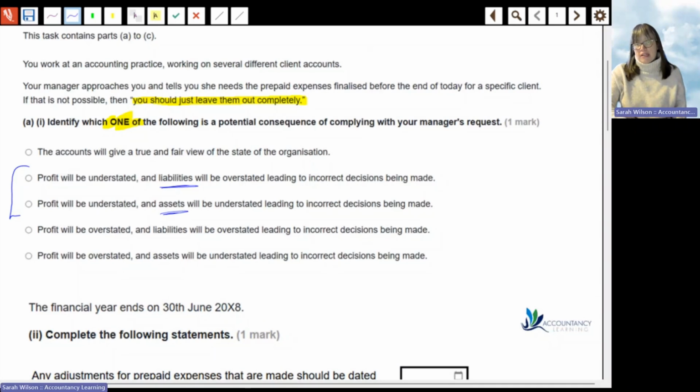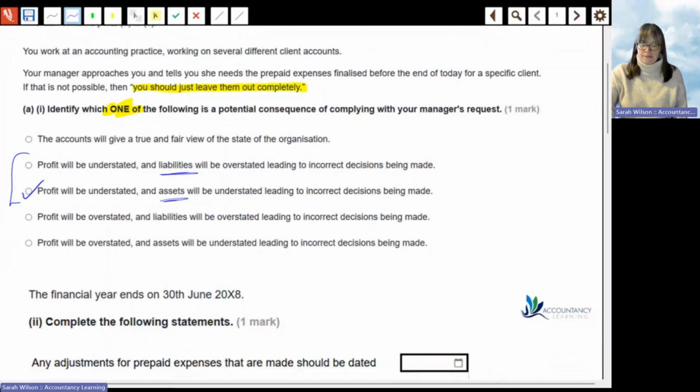Now, our prepaid expenses are an asset to the business. They are classed as assets. So if we haven't put the prepaid expenses through, it means that our assets are going to be understated, which could then lead to incorrect decisions being made. So our answer is the third option. Profit will be understated and assets will be understated, leading to incorrect decisions being made.